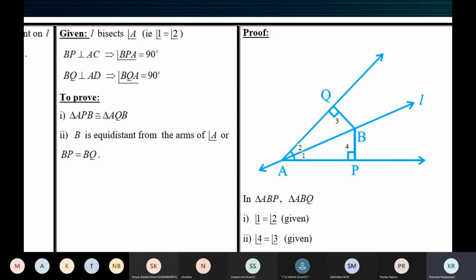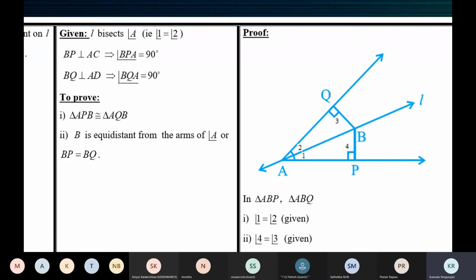Okay, let me say that. BP is a perpendicular from the point B to one arm of the angle. Ma'am, could you repeat that, ma'am? Yeah, BP is a perpendicular from the point B to one arm of the angle.